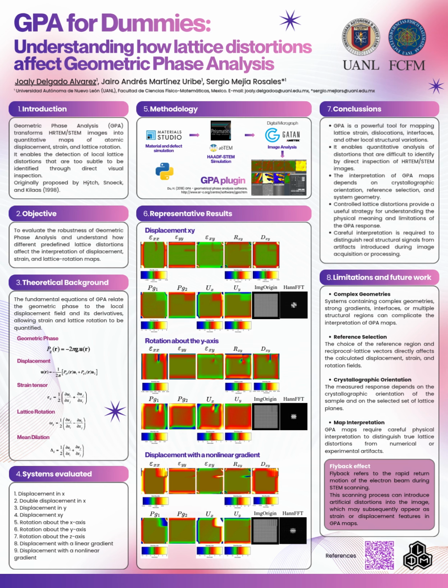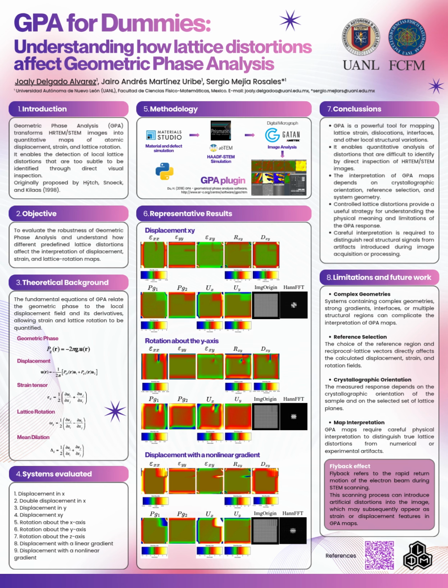The representative results, shown in the center of the poster, correspond to displacement in both x and y, rotation about the y-axis, and displacement with a nonlinear gradient. For each case, we show the normal strain components epsilon xx and epsilon yy, the shear strain epsilon xy, the in-plane rotation, and the mean dilation.